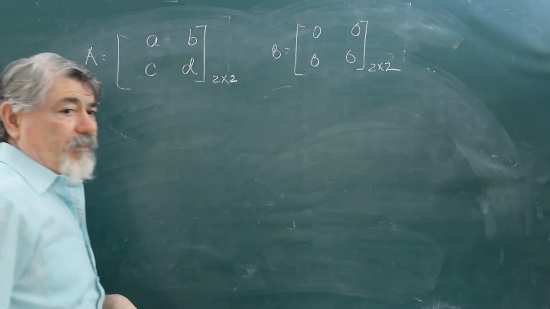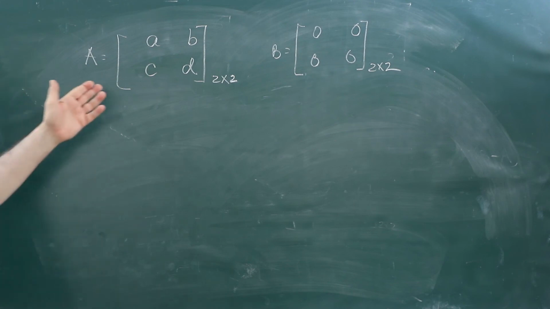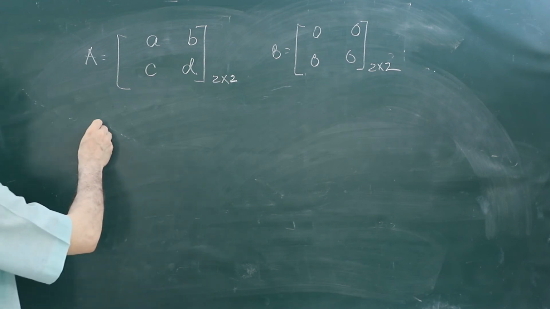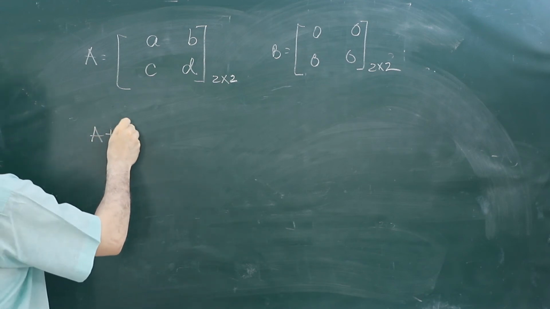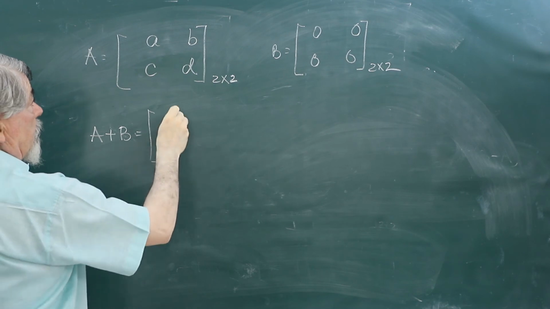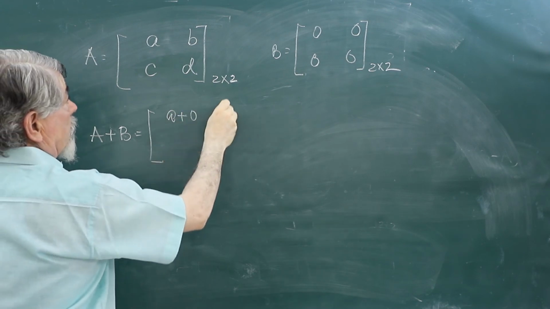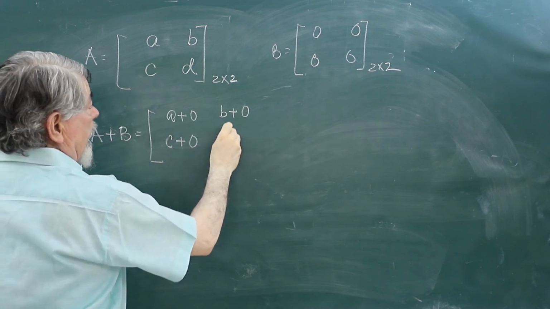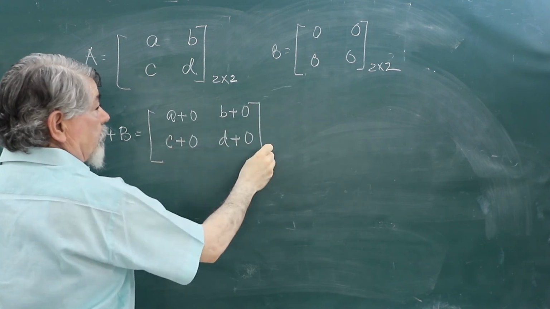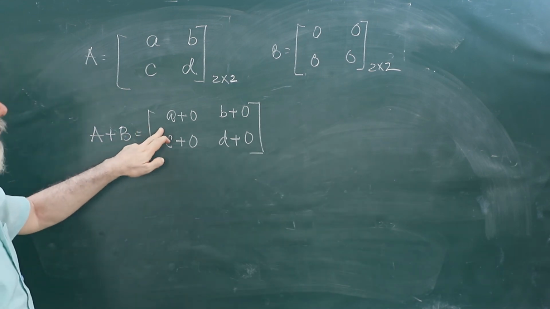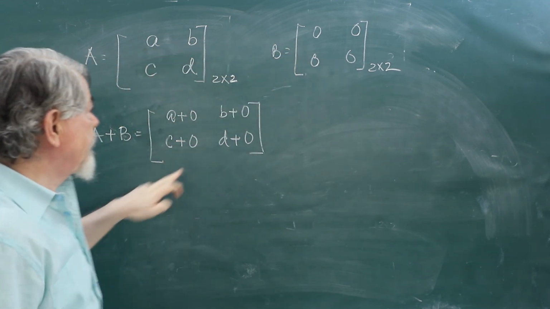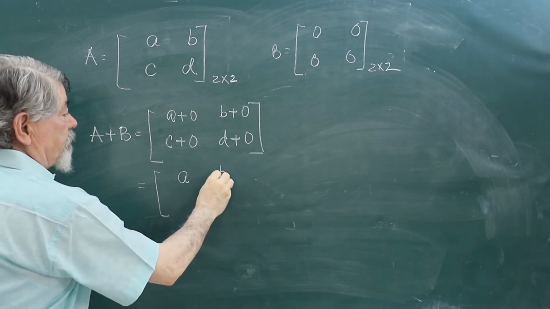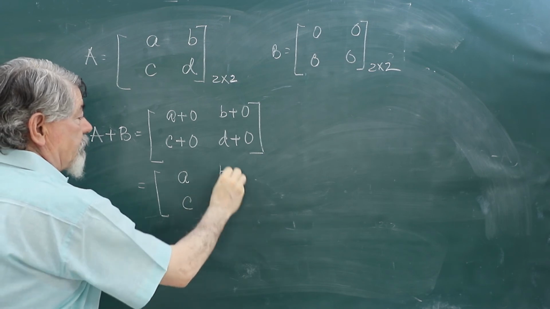This has to be of the same order, then only we can add A and B. So A plus B will be a plus 0, b plus 0, c plus 0 and d plus 0. If I add 0 to a, it remains the same. That means a, b, c, d.